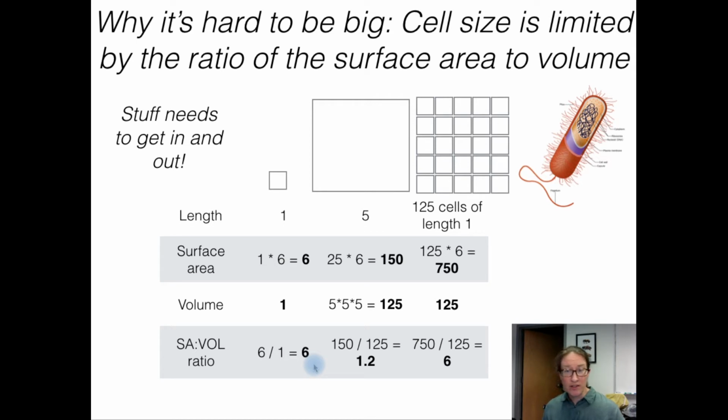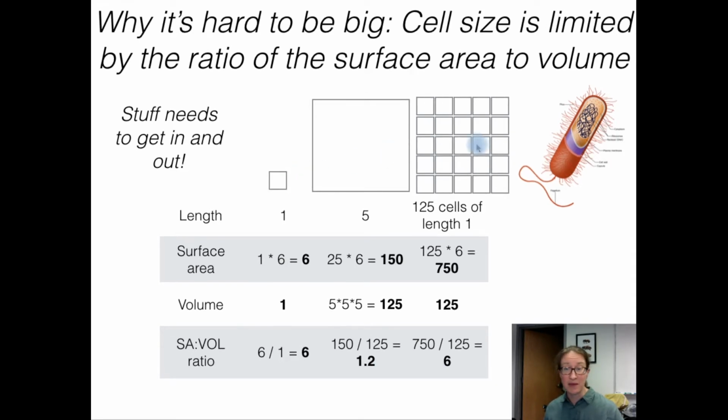So now if we grow the cube so that each side is now length 5, if we do the same math for surface area and volume, the sides are each going to be 25 now times 6 sides, so total surface area is 150. And our volume is going to be 5 cubed, so it's going to be 125. So now the surface area to volume ratio has dropped down to 1.2. So what if instead of just getting bigger, the cell divided?